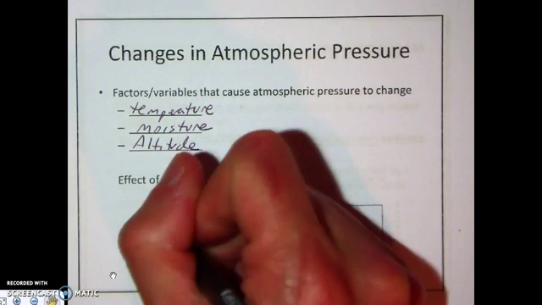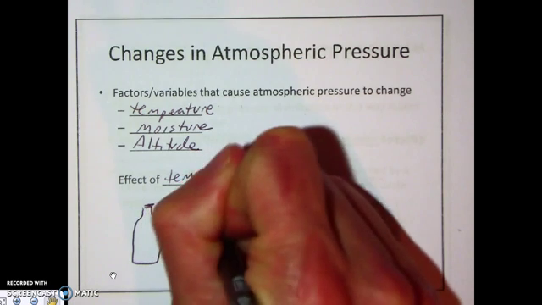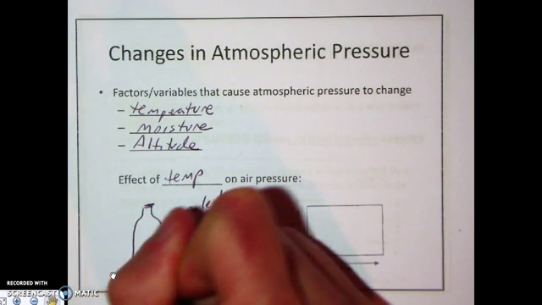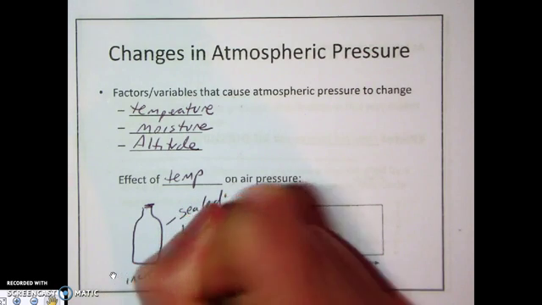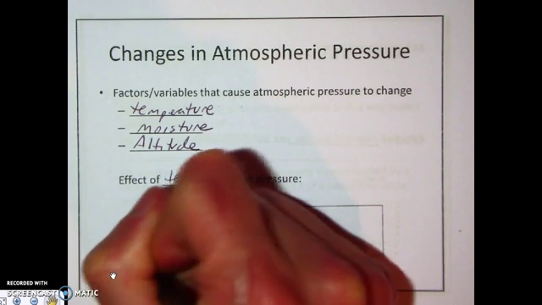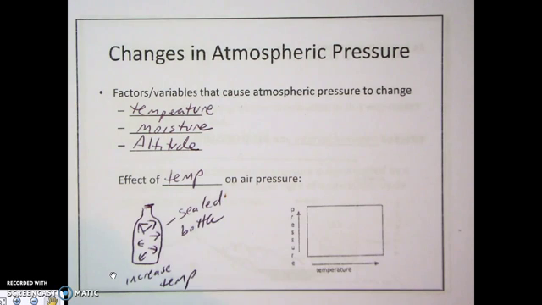So we've got a sealed bottle. And if I increase the temperature, the pressure inside the bottle is going to build up in all directions. If I heat the bottle up enough, it might break, it might explode, it might burst.